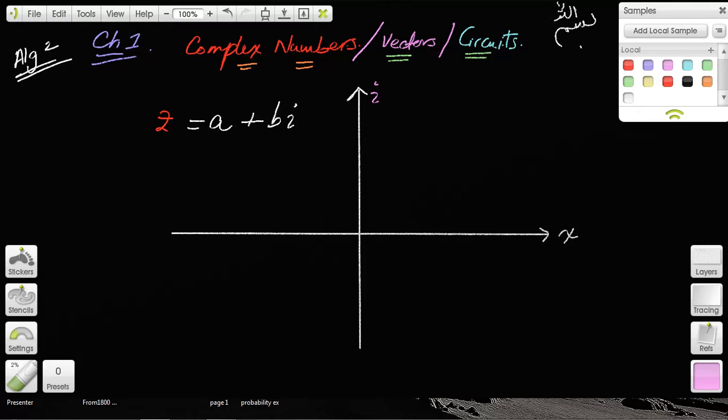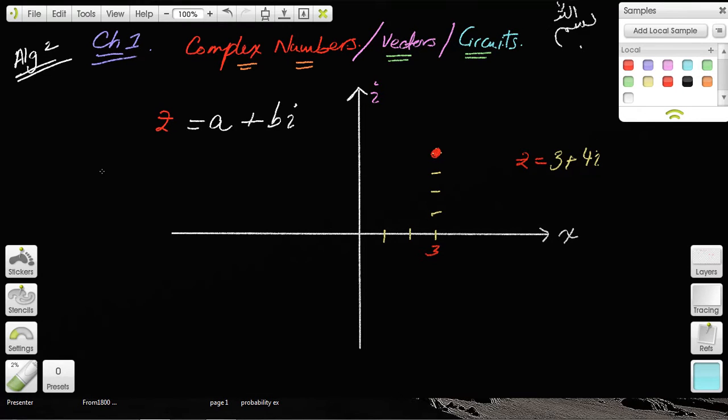So a complex number such as 3 plus 4i would not be represented by an ordered pair, but rather by a point at this location, 3 being the real component right here, and 4i being the imaginary component. So that point here, let's just say that is z, okay?